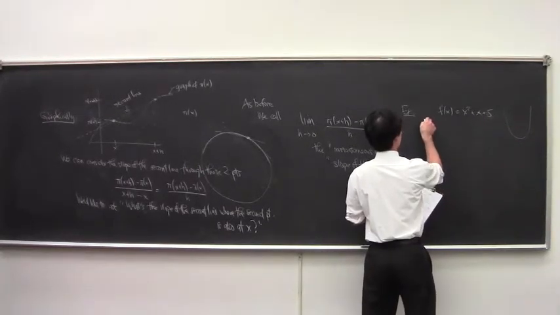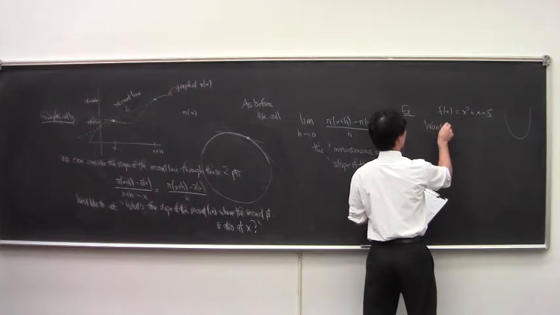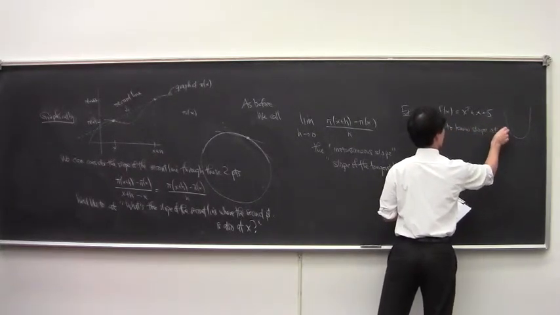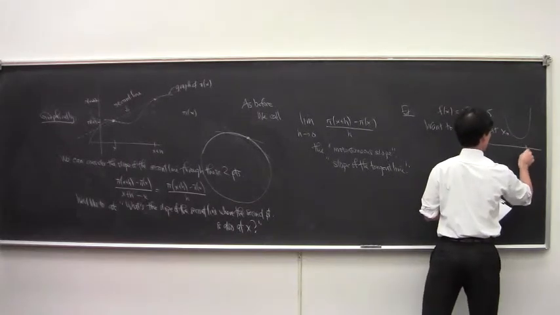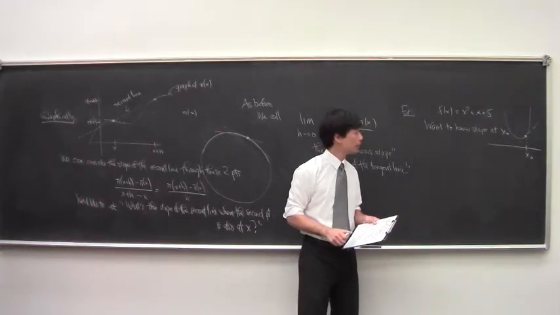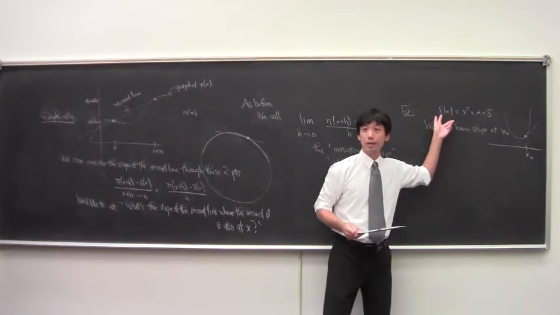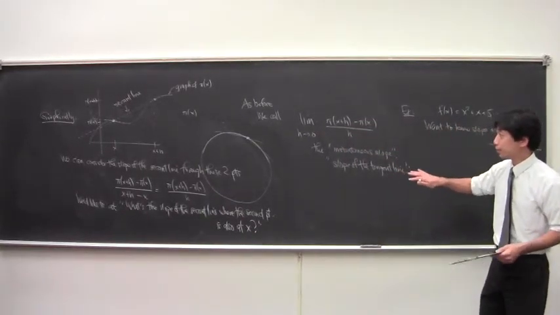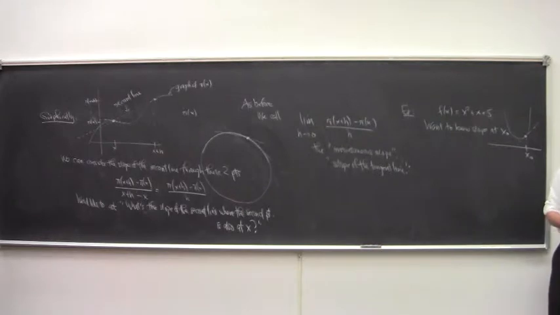So let's say we want to know the slope at some point x naught. There's some x naught somewhere, and you want to know the slope of the tangent. Let's see how you do it. Take a minute and see if you can set up the limit that you need to use to figure out the slope of the tangent.